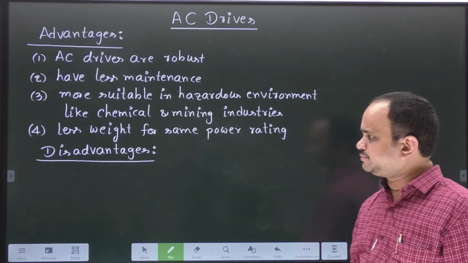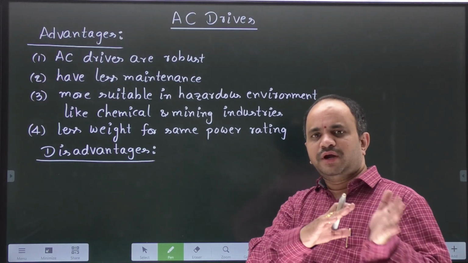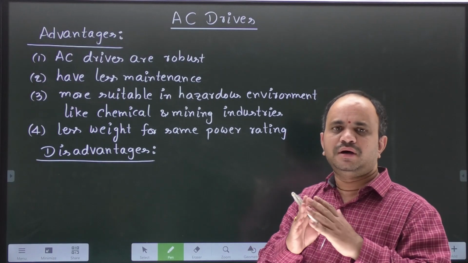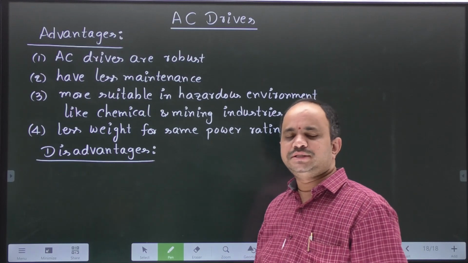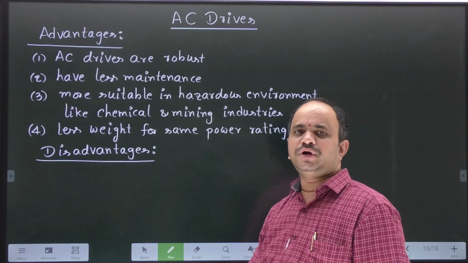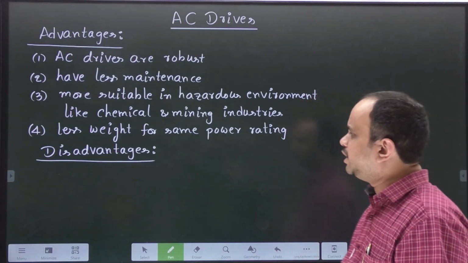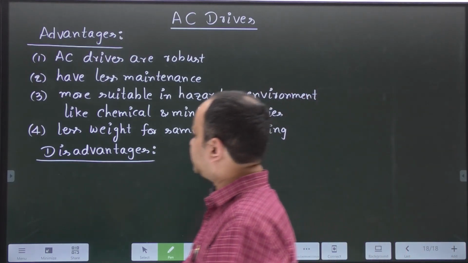In case of DC motor, the field flux and armature flux are decoupled. Okay, because the field flux can be controlled separately from another source. That type of control is not possible in case of induction motor. Because of that, speed control is somewhat difficult here.